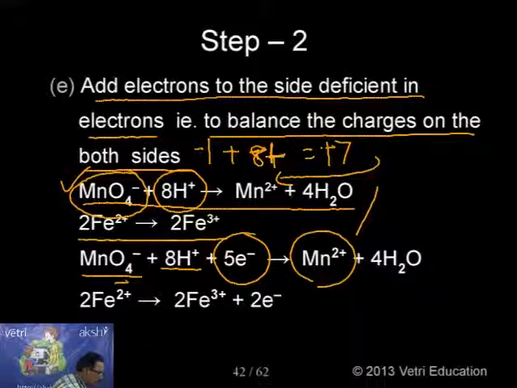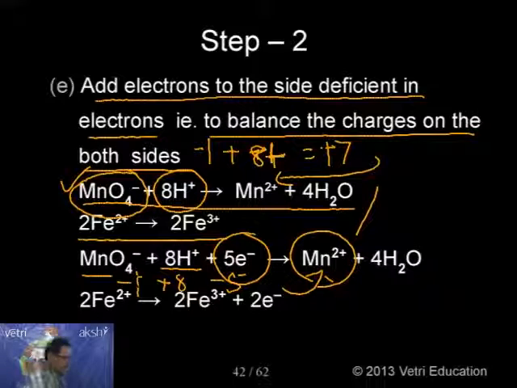This is minus 1 in the permanganate, and plus 8 for the H plus. Now here minus 5. So the left hand side is minus 1 plus 8 minus 5, and if you add all these, the left side will be plus 2. The right side is also plus 2. So the total charges are equal, that is, to balance the charges on both sides.